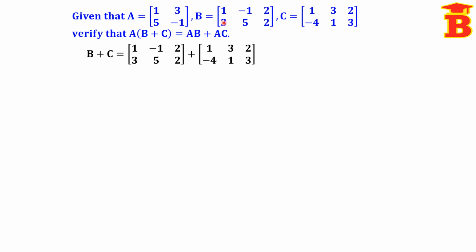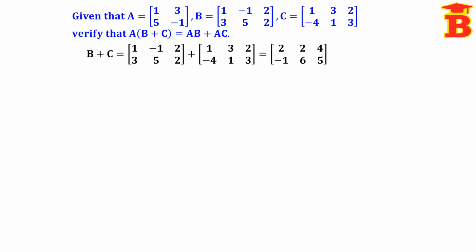B matrix 1 minus 1 2, 3 5 2, plus C matrix 1 3 2, minus 4 1 3. Straightly add the corresponding elements and write. So we get 1 plus 1 2, minus 1 plus 3 2, 2 plus 2 4.